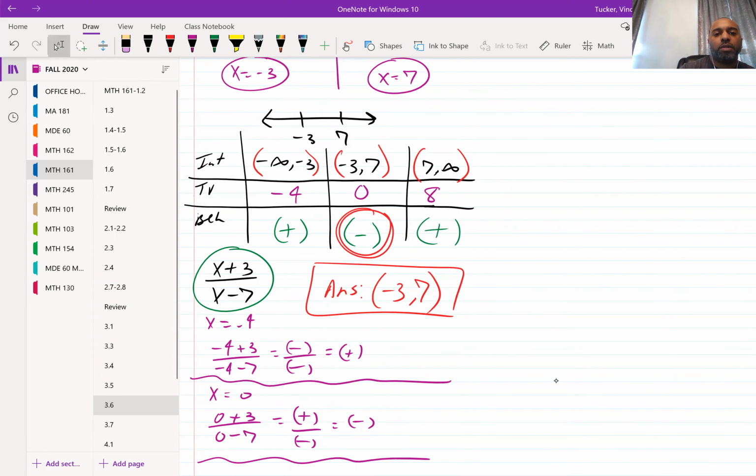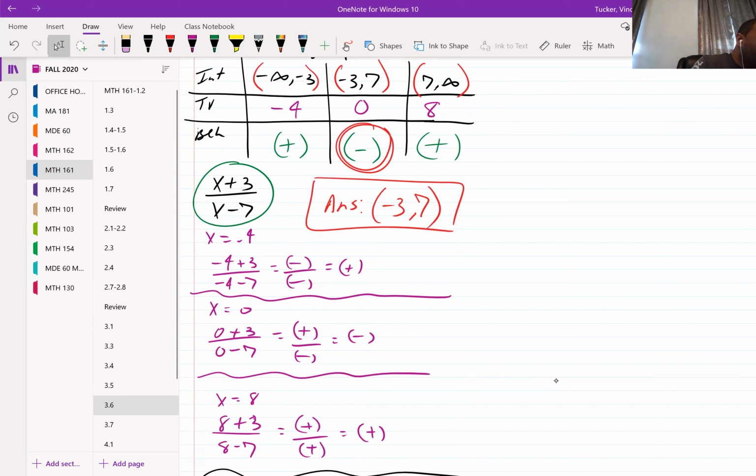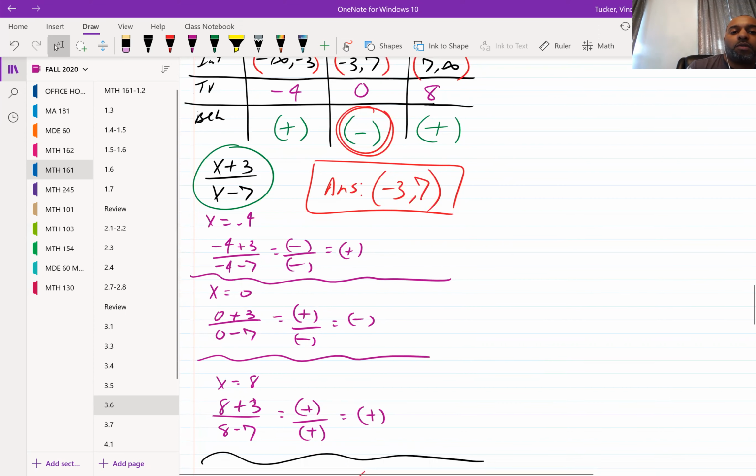So we'll do at least one more. Scroll up. Everybody good? All right, magnify.